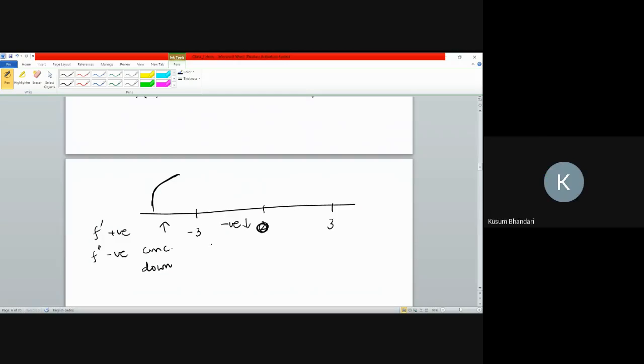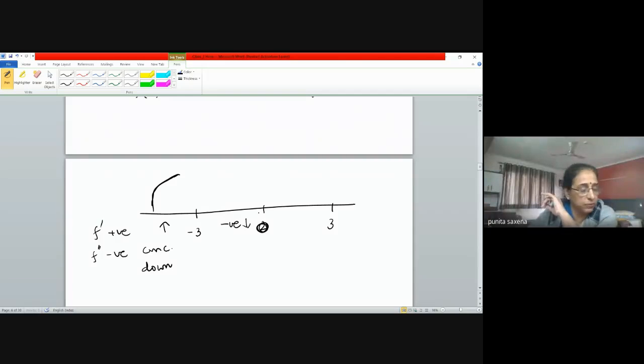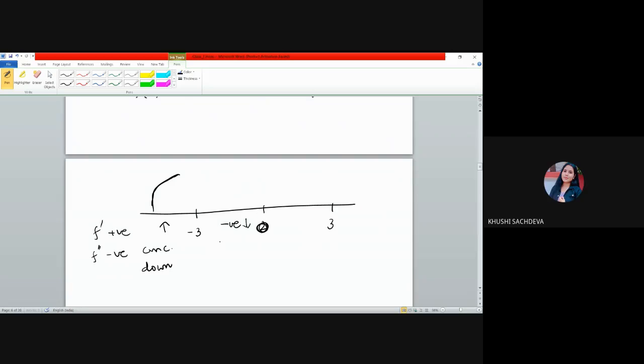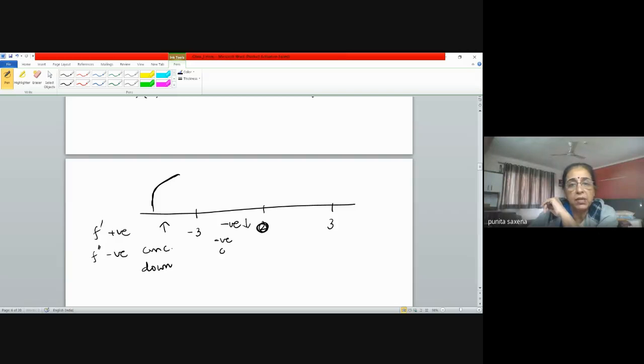From -3 to 0, it's still negative, so your curve is still concave down. So you have to come from up to below, but still in the downward position, something like this.